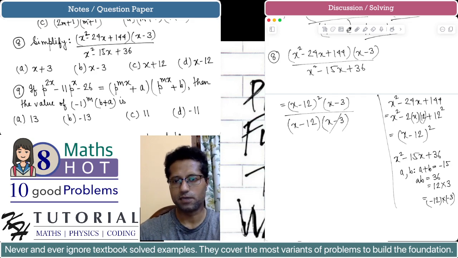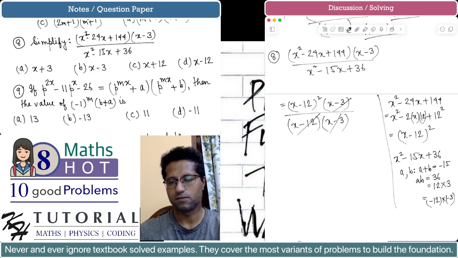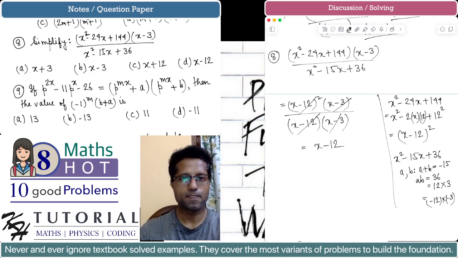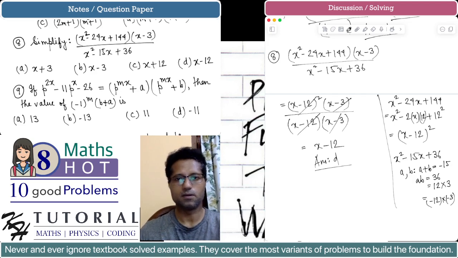So x minus 3 cancels out, and x minus 12 cancels one x minus 12 in the numerator, and hence the result is x minus 12. So the correct choice is D. D is the correct choice.